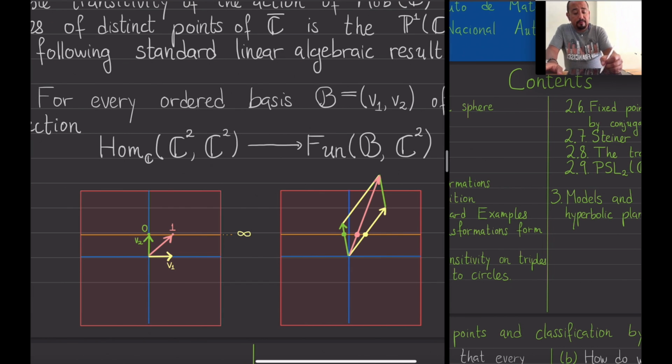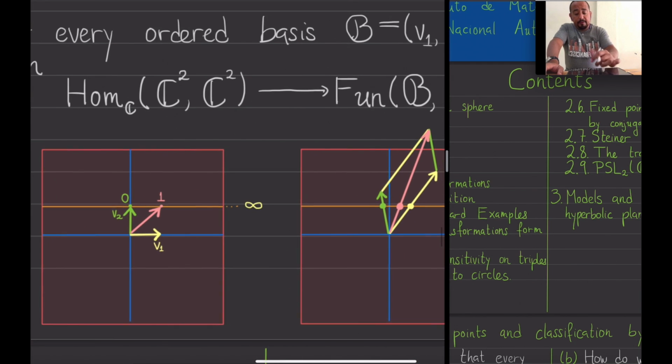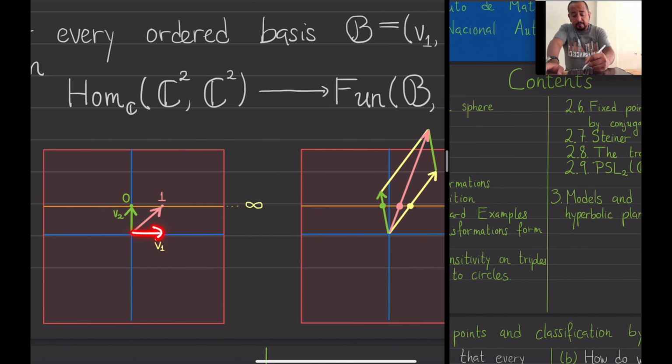for simplicity under the assumption that this one is the standard basis of C squared. So here it is. This one is V1, which is the vector (1, 0), and this one is V2, which is the vector (0, 1).